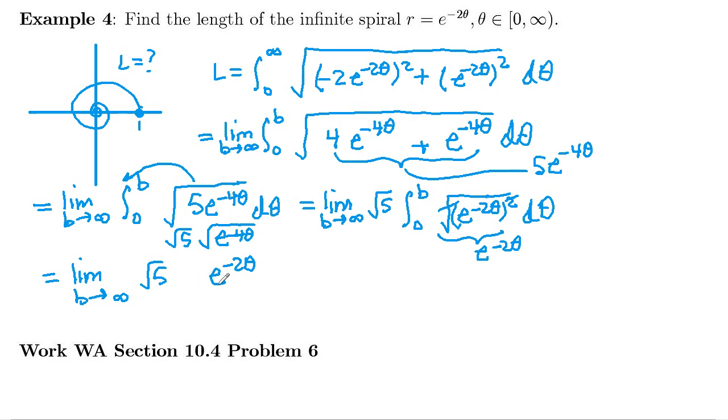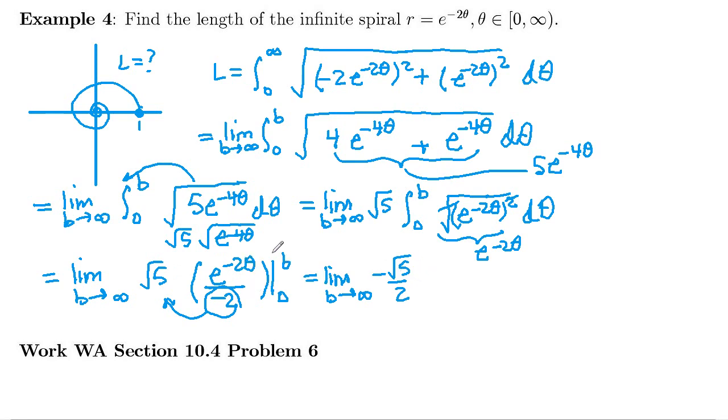So this will actually be over negative 2. And we're evaluating that from 0 to b. Well, the negative 2 down here, we can factor that out in front with the root 5. So this would be limit b goes to infinity. Root 5 divided by negative 2, so that's negative root 5 over 2.